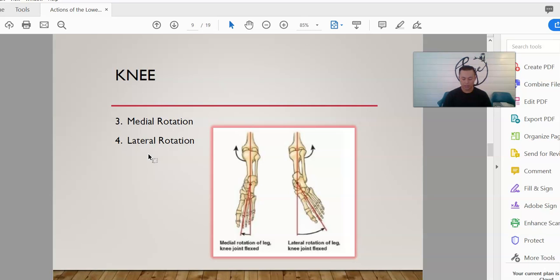You're going to bring your right heel over your left foot, and then take your right foot and bring it out to the outside, kind of swinging like a pendulum. That would be your medial and lateral rotation. Medial rotation is bringing your foot towards the midline and making the knee move in that direction, and lateral rotation is moving it away from the midline.